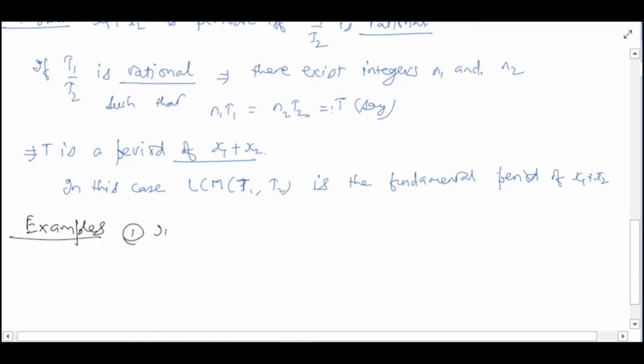Let's see examples. In the above example, we saw that x1 was periodic with period 3 and x2 was periodic with period 20. Then their least common multiple, that is 60, is a period of x1 plus x2.